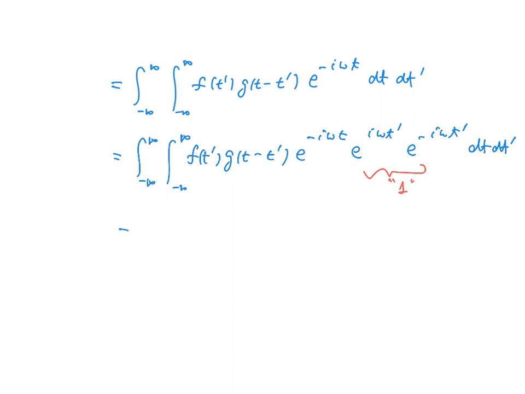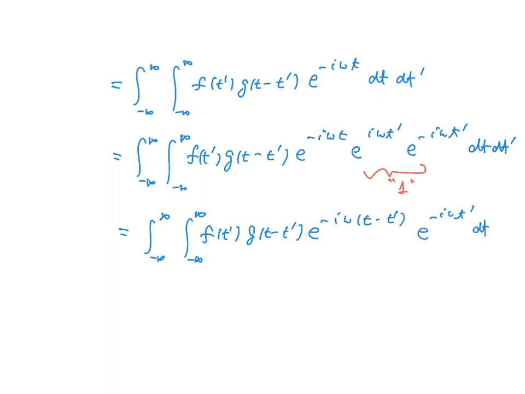However, it can have a very pronounced effect: g(t - t') e^{-iω(t - t')}, times f(t') e^{-iωt'}, dt dt'.